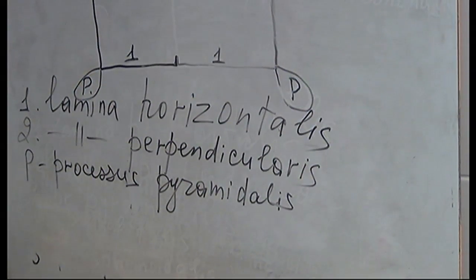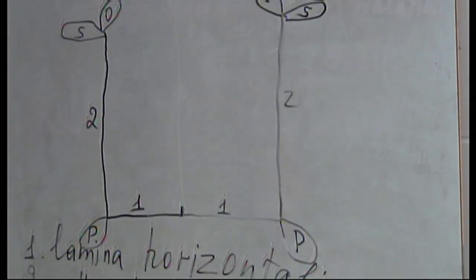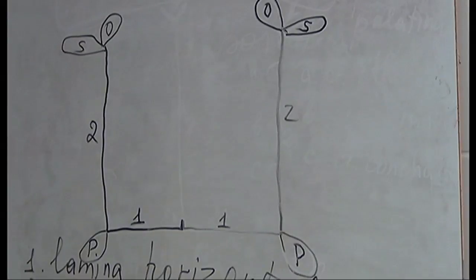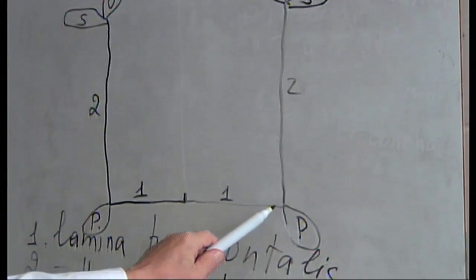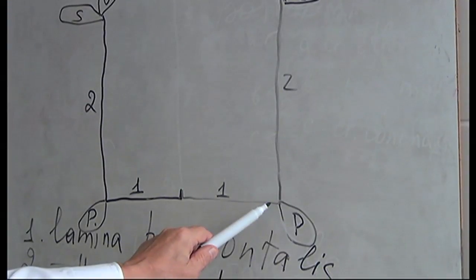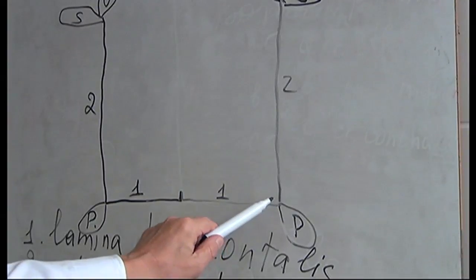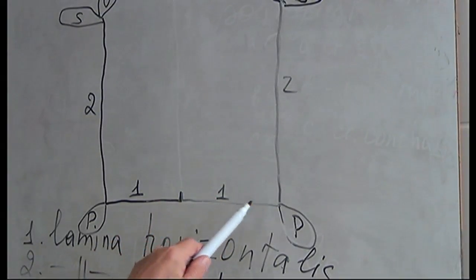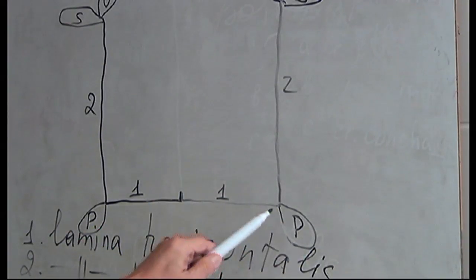That means the shape of this process is like a pyramid. First of all, where can we find it? It is attached to the place of connection between the horizontal and perpendicular laminae. Do you agree? Here it is.